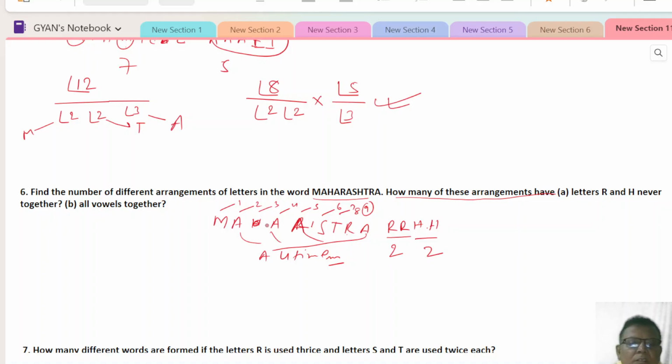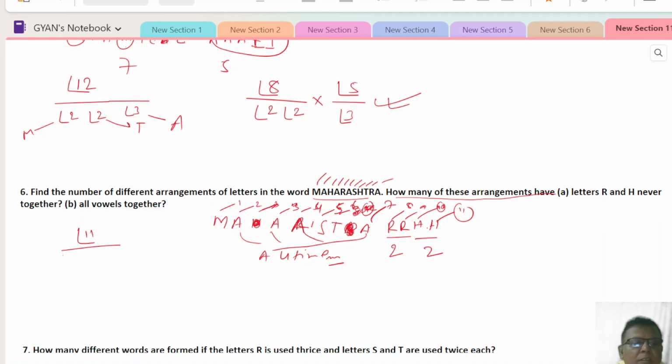H 2 times. Counting the letters, 1, 2, 3, 4, 5, 6, 7, 8, 9, 10, and 11. So the total is 11.